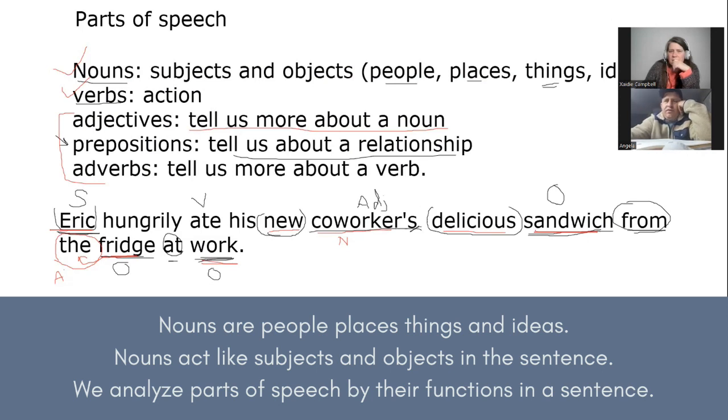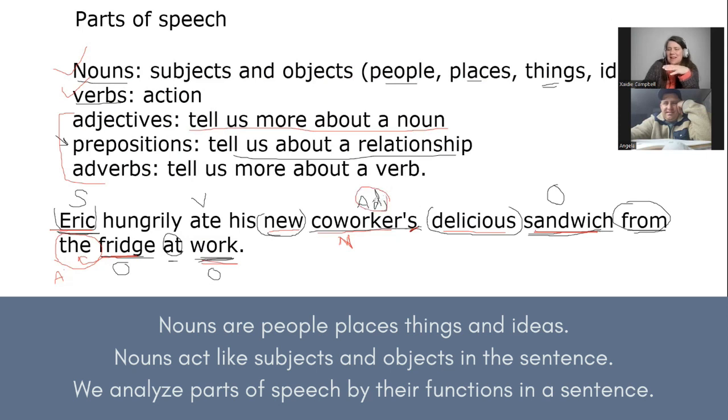I'm a little confused when you say nouns. You say subject, object. Okay, subject is Eric, right? Objects in this sentence are a sandwich, a fridge, and work. But coworker is a noun. Coworker is a noun, but because it's a possessive noun, it's acting like an adjective.